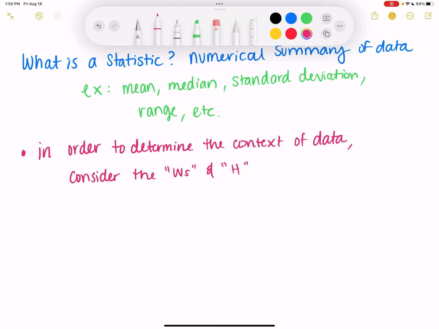Who, what, when, where, why, and how. But not necessarily in that order, so don't start writing yet.